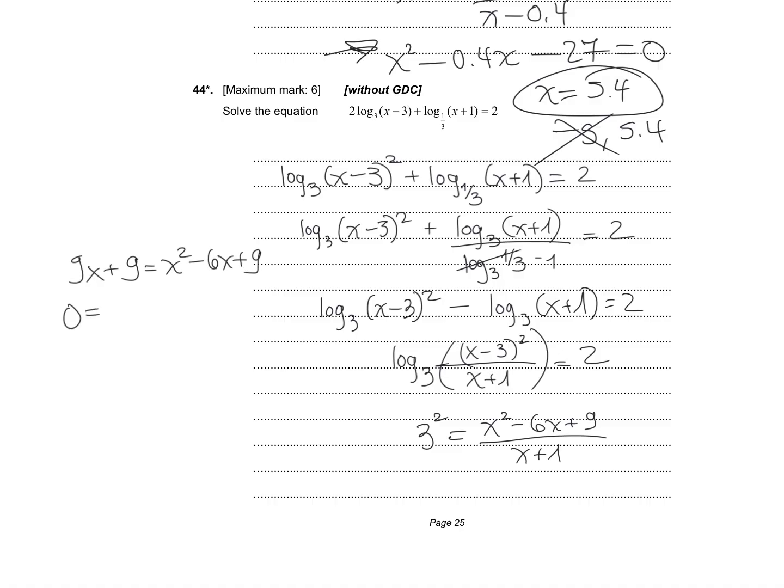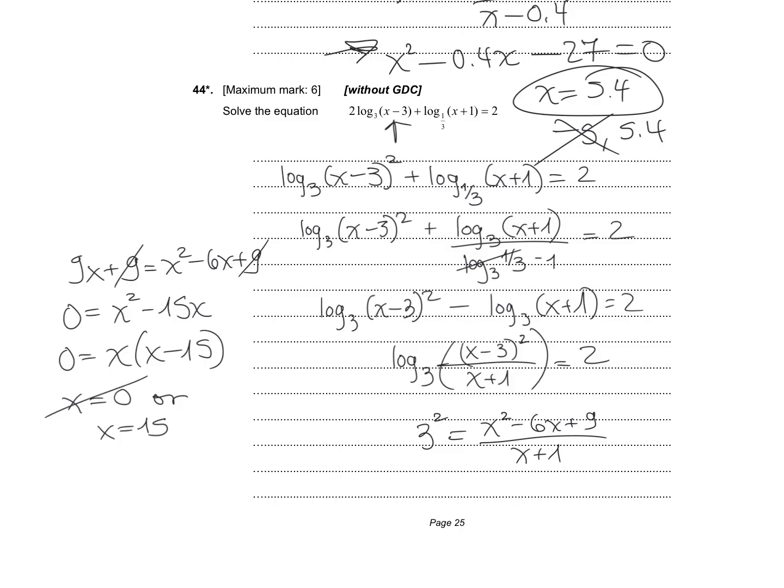Getting it equal to 0. That's x squared minus 15x. So if we factor out an x, we're going to have x minus 15. So x is 0 or x is 15. And we cannot have x equal 0 because of this. That would leave a negative. But 15.